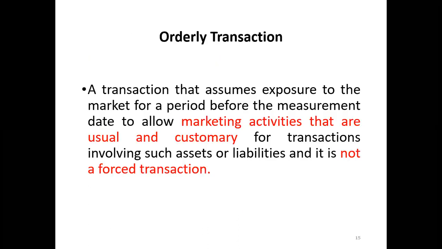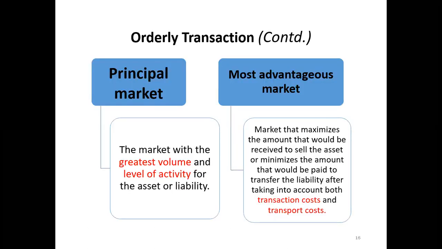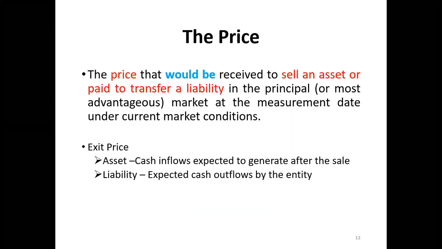When it comes to this orderly transaction, even earlier we discussed that when it comes to this market, we talk about two markets, right? This is important. If you can recall, earlier I simply ignored that, and for the time being I discussed it that way. So here you can see that when it comes to this market, we can talk about the principal market or the most advantageous market.